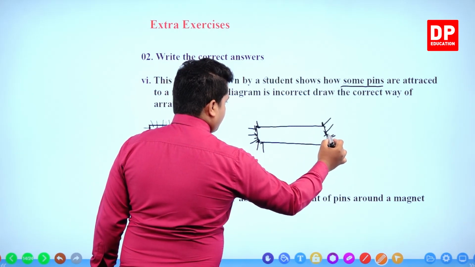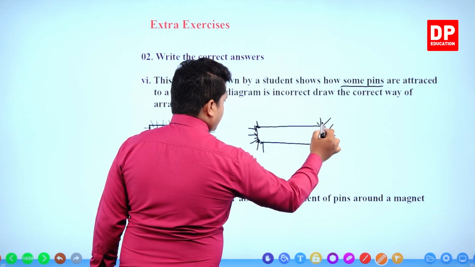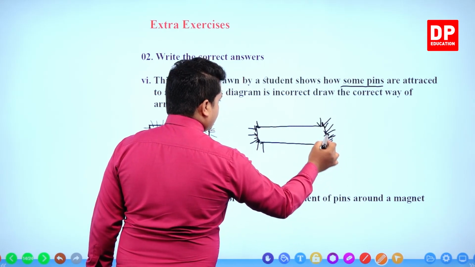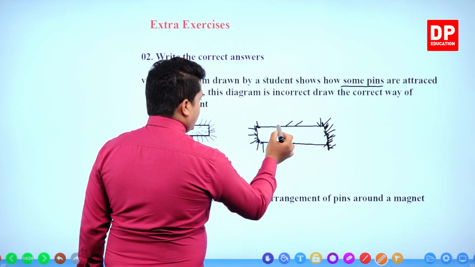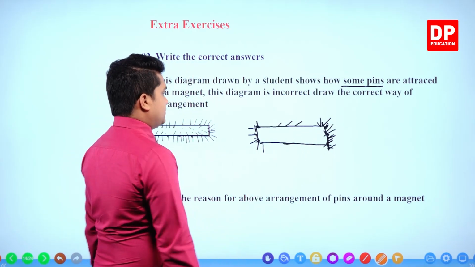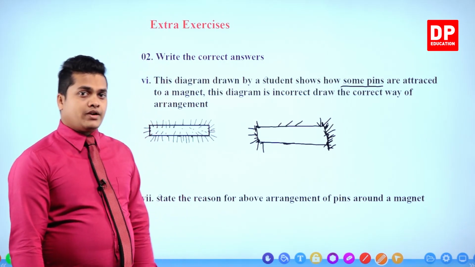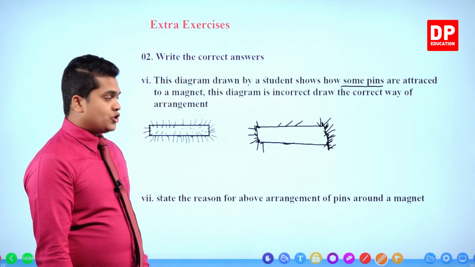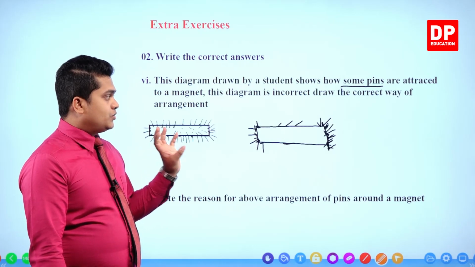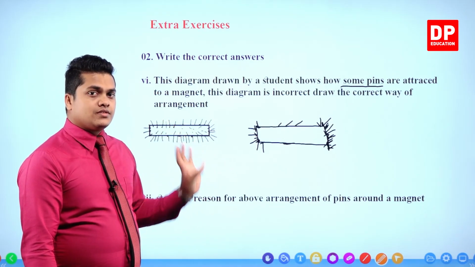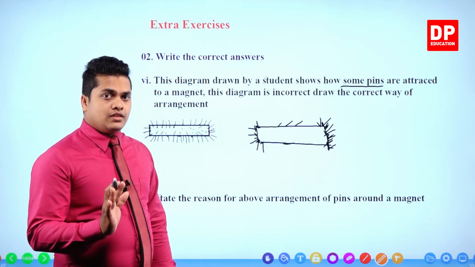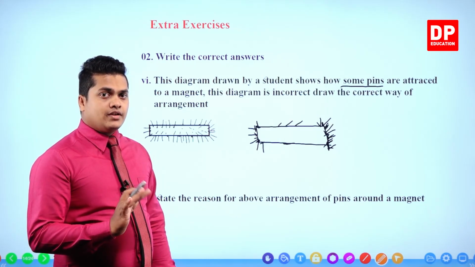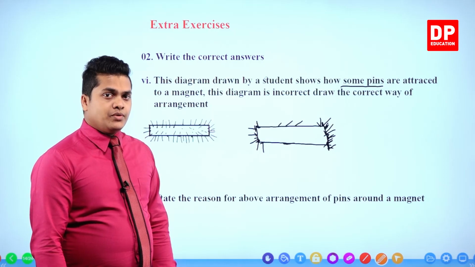More pins should be at the poles, like this. And one or two can be observed here, right? But the most pins should be at the two ends or terminals of the bar magnet, because we can observe the poles of a bar magnet at the two terminals or two ends.